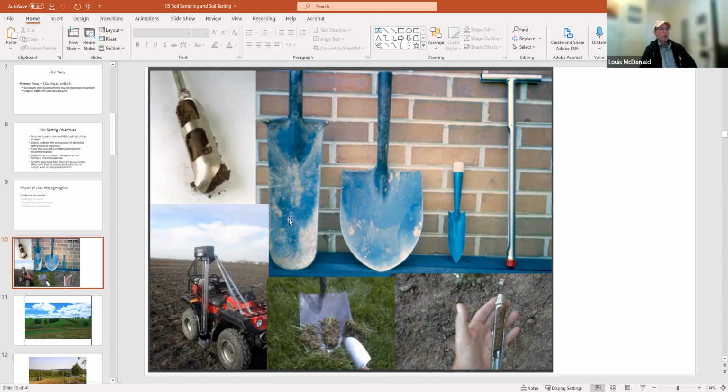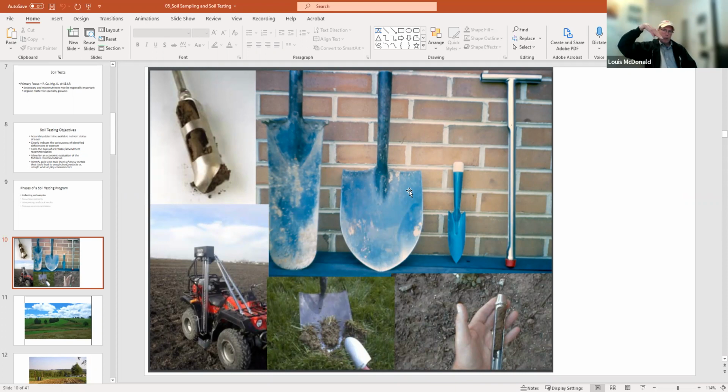This is called a sharpshooter. It's really great if you have to go down deep into soils. This is just a regular old garden shovel. They are terrible for collecting soil samples. And when you do your homework on soil sampling, you'll see a little bit why. They almost never go in vertically into the soil.